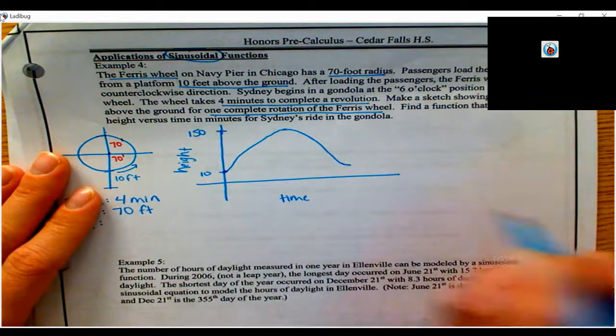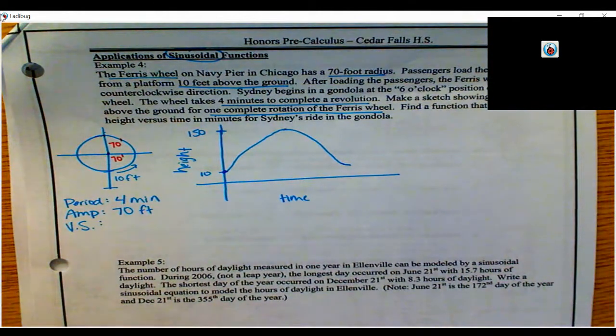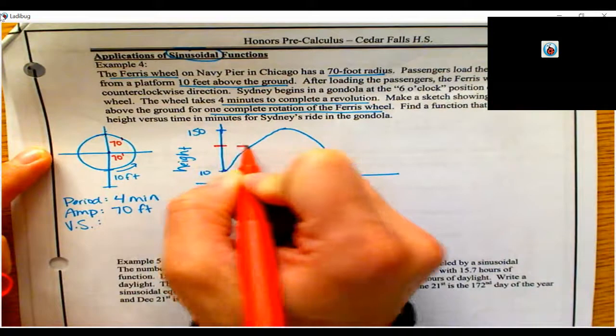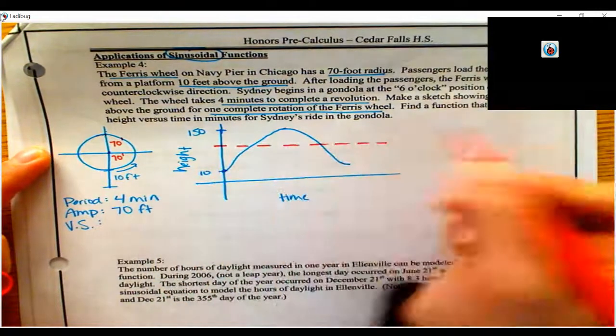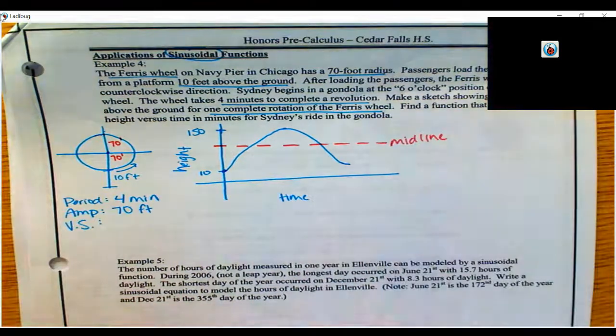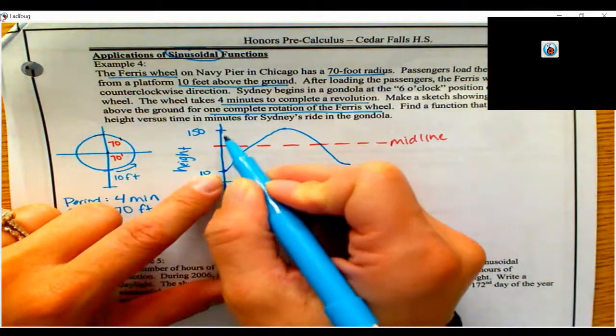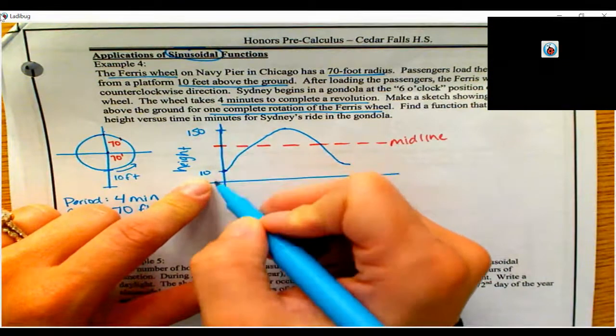So we have to figure out where the midline is, and that's going to help us here. And so your midline, remember, is just halfway between your minimum value and your maximum value, which we know from 10 to 150 is 140.